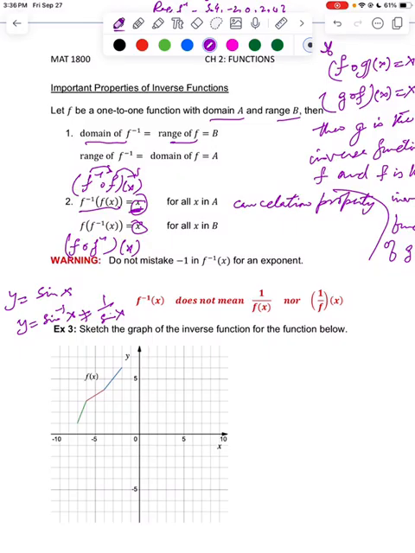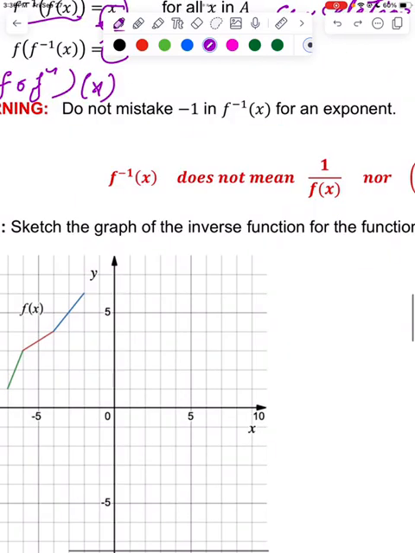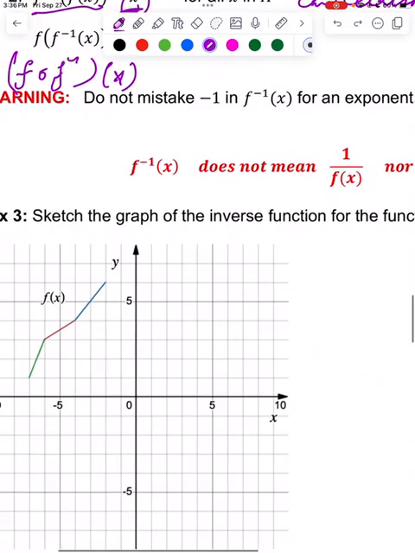Okay, so next, looking at this graph. The example says sketch the graph of the inverse function for the function given below. The function given here is one-to-one, right? Because any horizontal line you can see crosses the graph in at most one point.